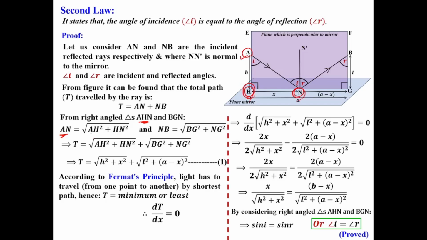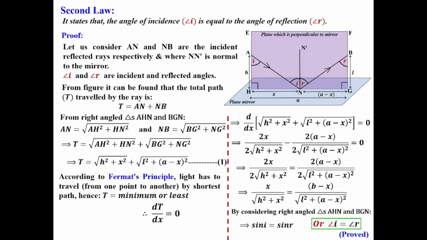And NB, the N to B distance, will be root over BG square plus NG square. Now the total distance T will be equal to how much? AN plus NB, with the AN value written over here and the NB value written over here.